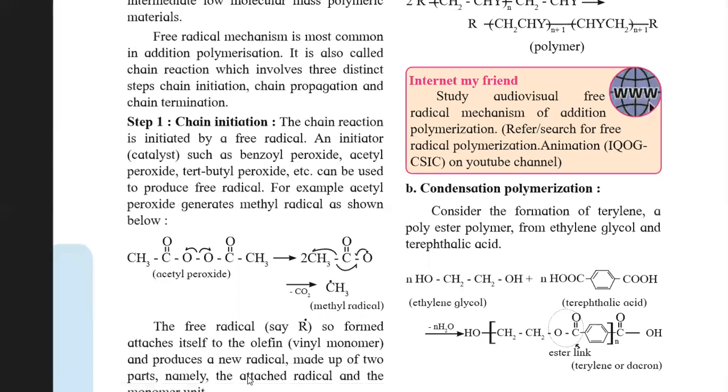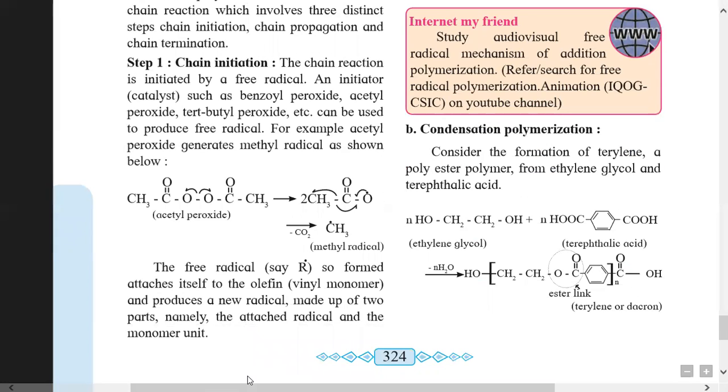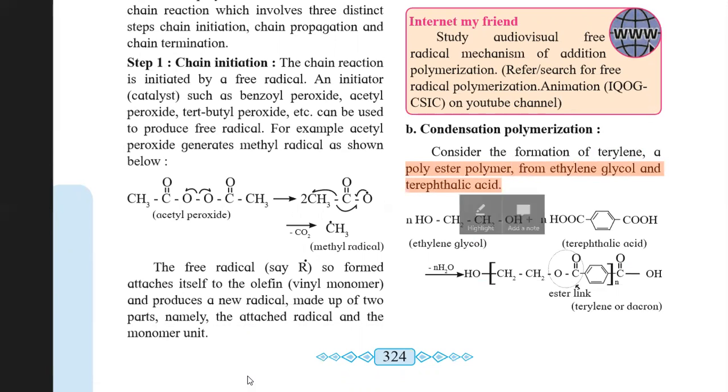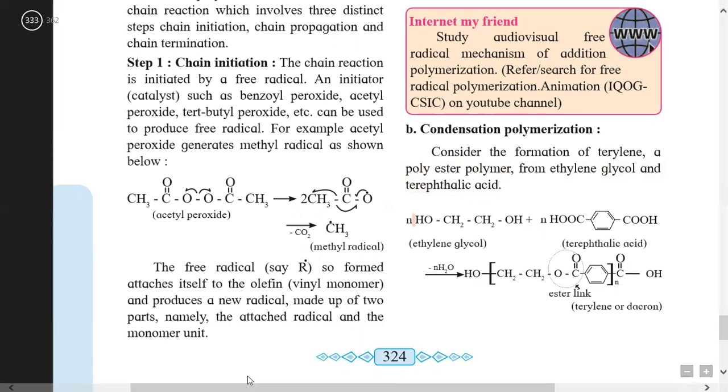The second type is condensation polymerization. In condensation polymerization, we will consider terylene preparation. It is a type of polyester polymer. Monomers are ethylene glycol and terephthalic acid. The reaction is n HOCH2CH2OH, ethylene glycol, plus n HOOC and COOH at the para position of a benzene ring.